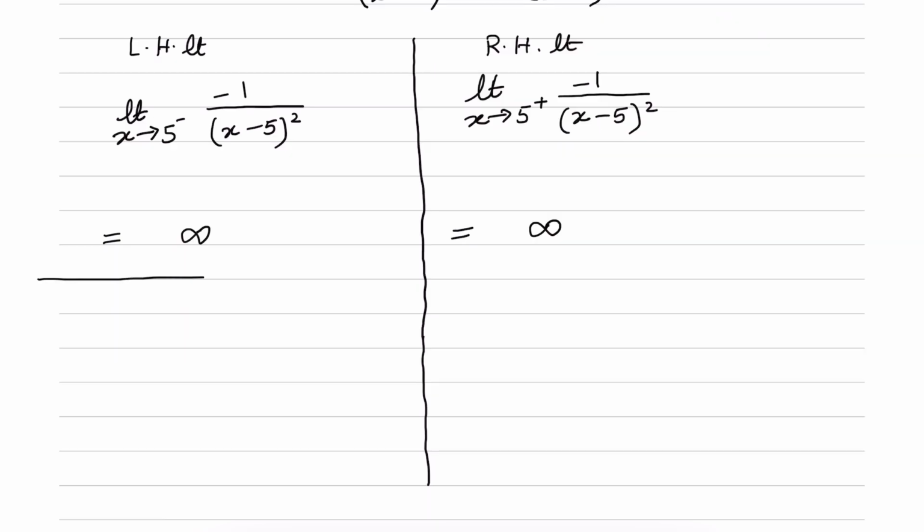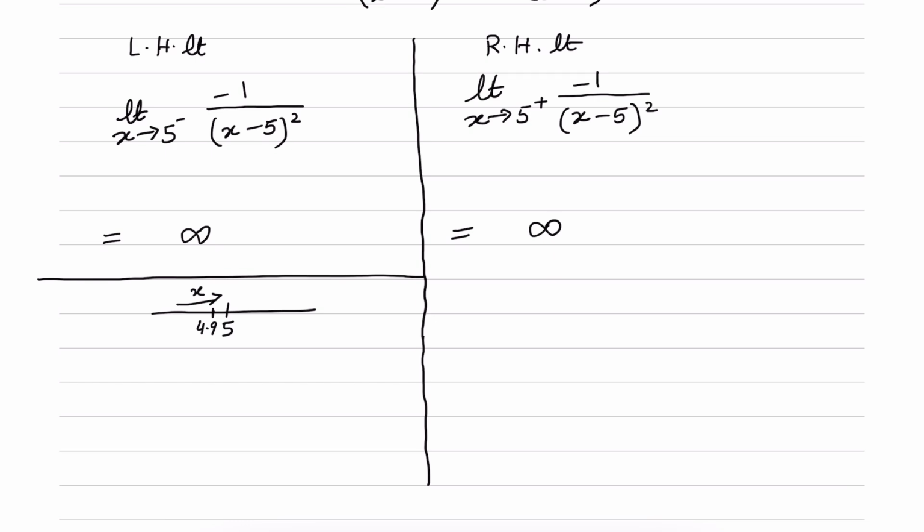So to decide the sign of infinity on the left hand side, we know that x is approaching 5 from the left of 5. So pick some x on the left of 5. Let me pick 4.9.